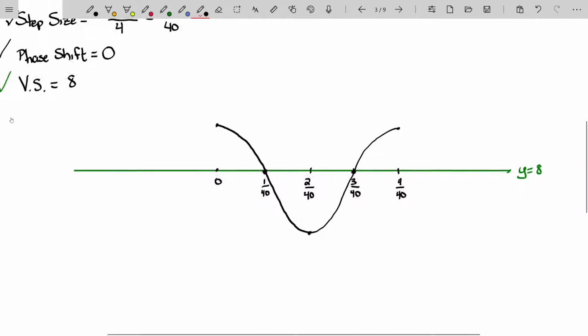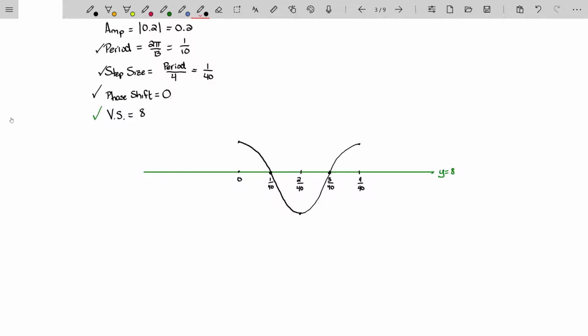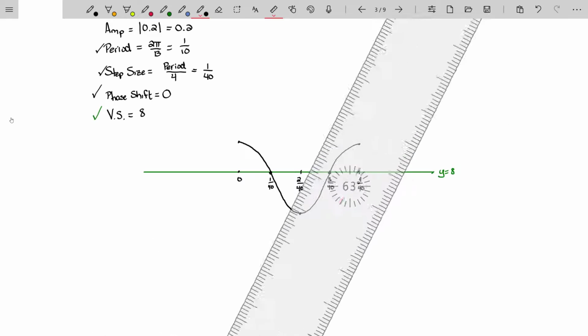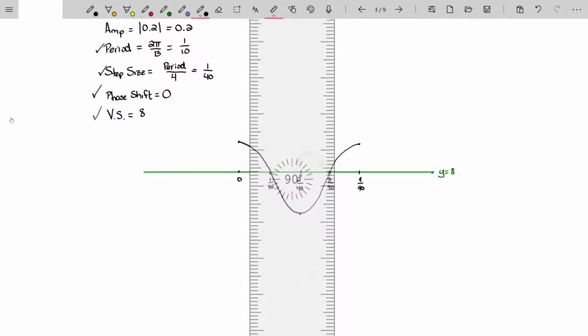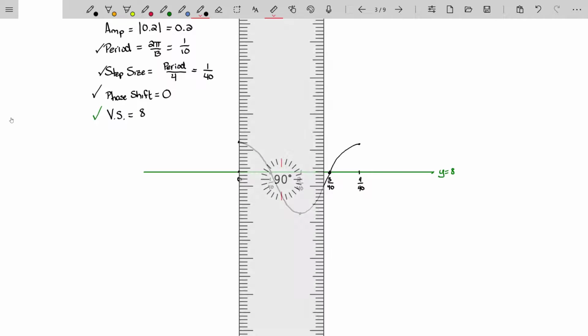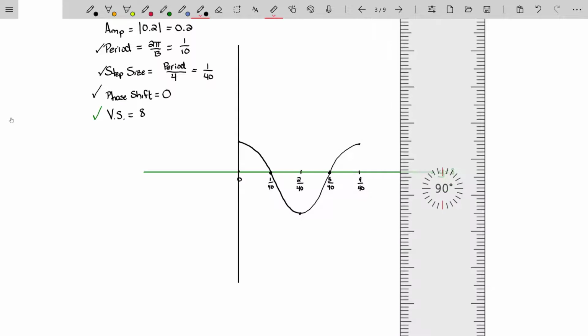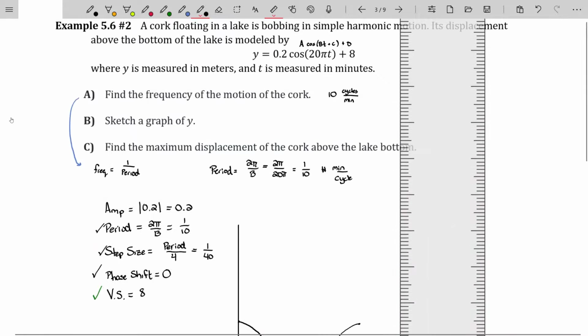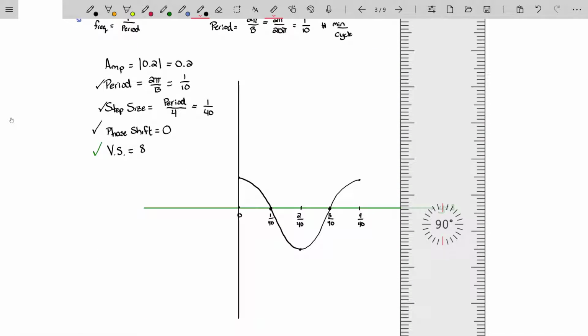Once I'm done with that, then I'll graph in the y-axis, and the y-axis just occurs at x equals 0, so I'll graph that in. There's my y-axis right there, and they had us call it y, so we're going to call it y.